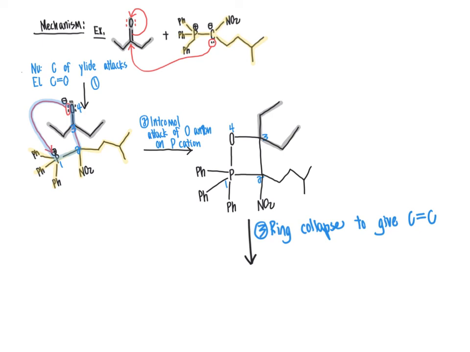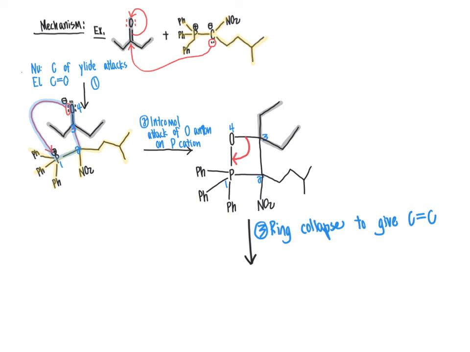There's a very specific way that this is going to happen. The carbon-oxygen bond here is relatively weak, and it's favorable for the electrons from that bond to come over and form a more stable phosphorus-oxygen double bond. So what we do is we take the electrons from the carbon-oxygen bond, push those over here to make an oxygen-phosphorus double bond.